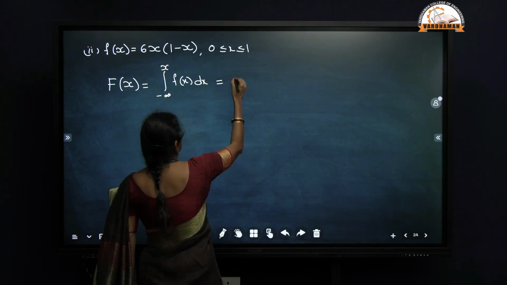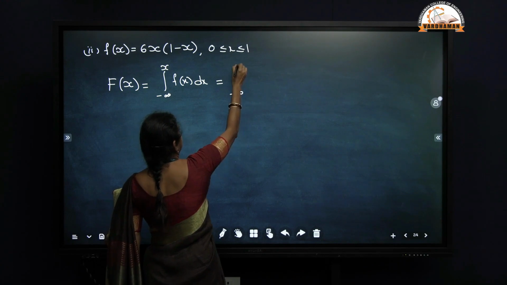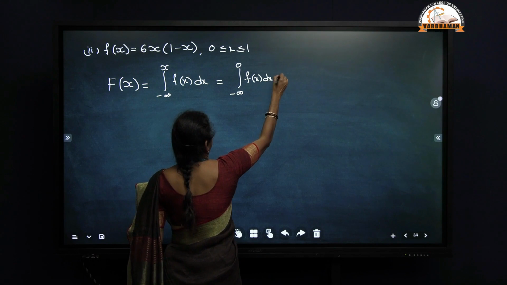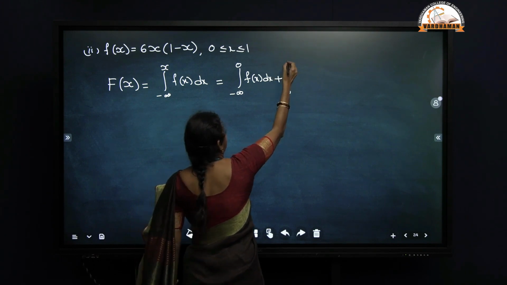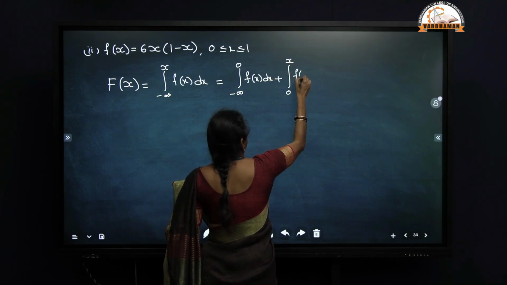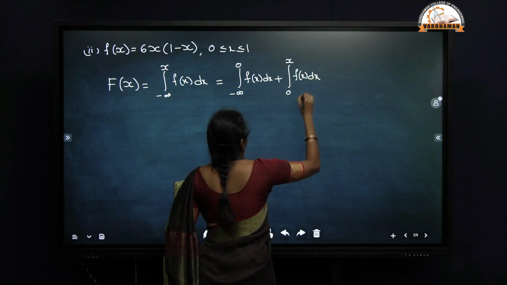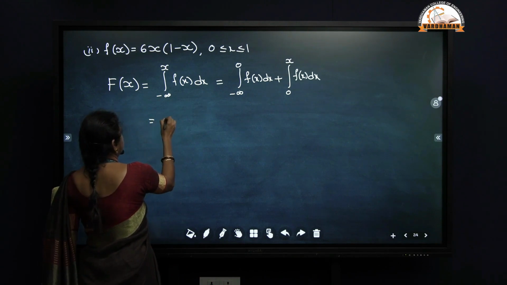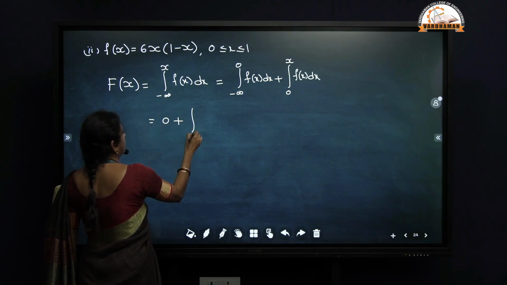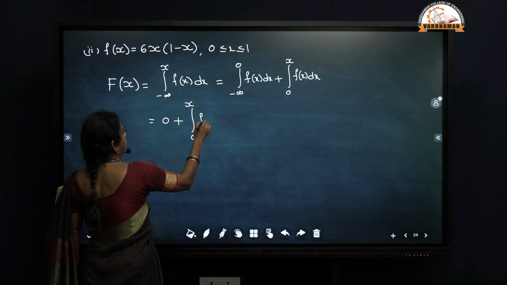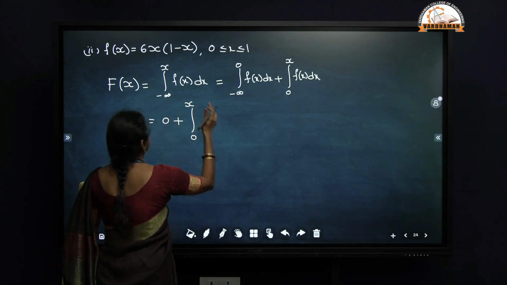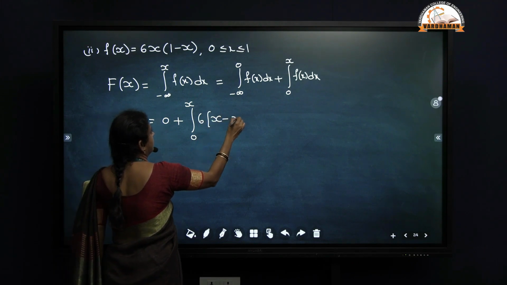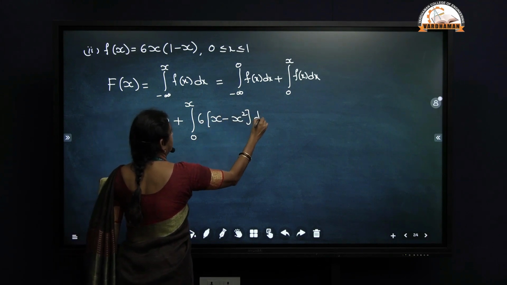So we'll divide this interval: from minus infinity to 0 of f(x) dx, plus 0 to upper limit x of f(x) dx. And we know that in the interval minus infinity and 0 the value is 0. So this is equal to 0 plus the integral from 0 to x, where f(x) is 6 into (x minus x square) dx.